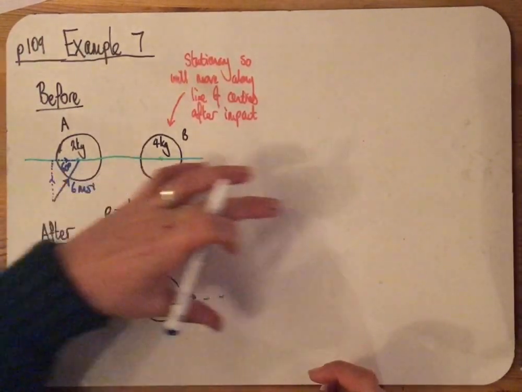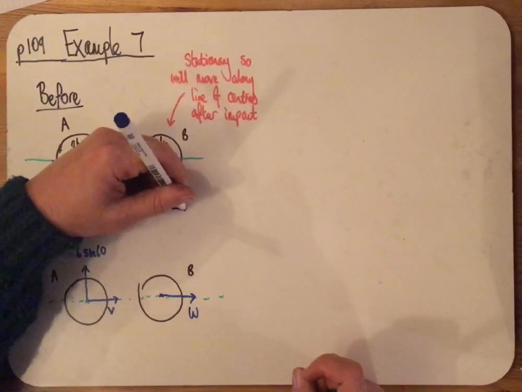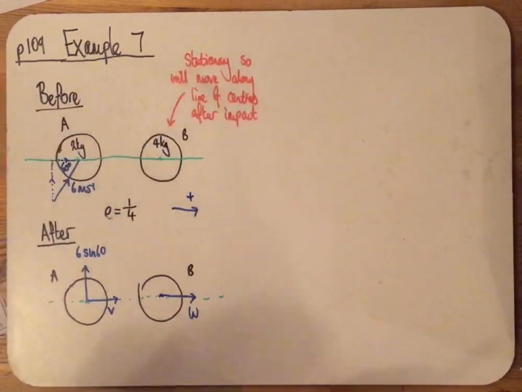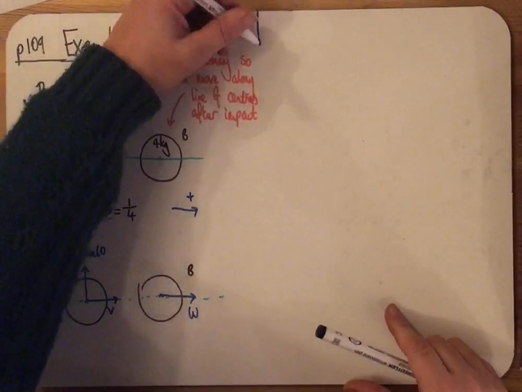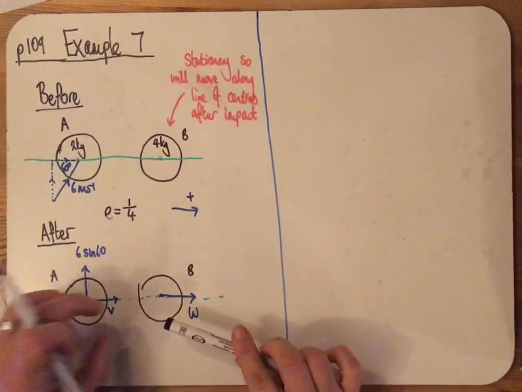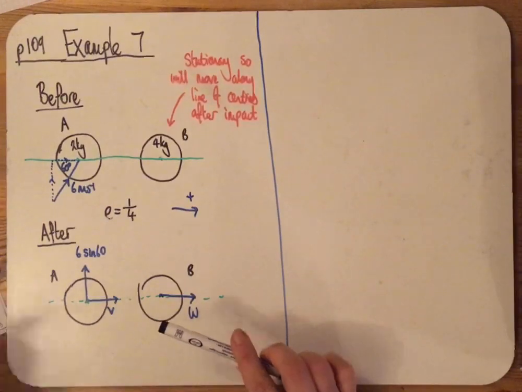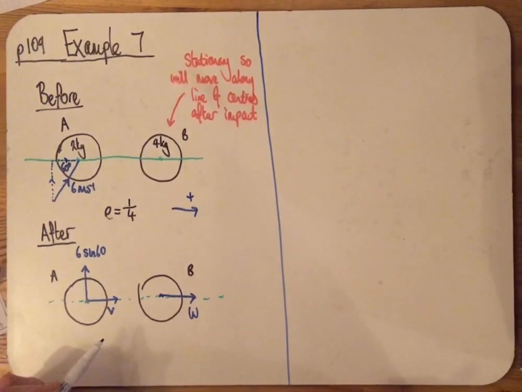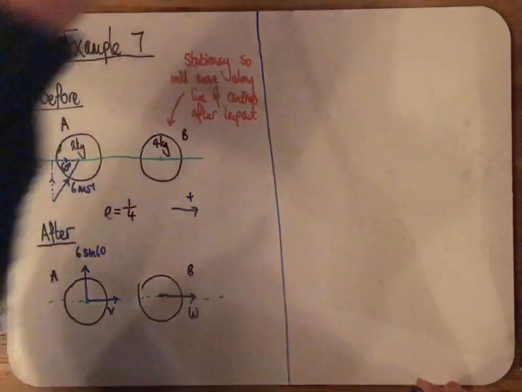So most of the motion's this way, so we take that as being a positive direction. You don't necessarily know that it's going to be moving this way, but just as long as you're consistent, it will all come out in the wash. And if A actually bounced off B and went off that way, your V is going to come out negative.